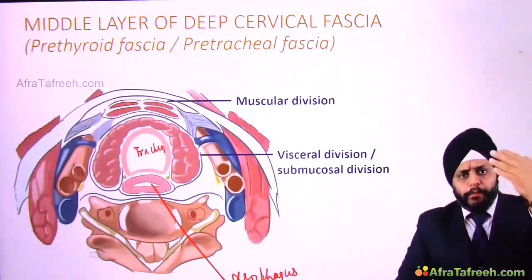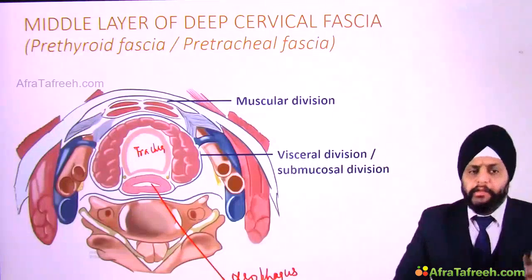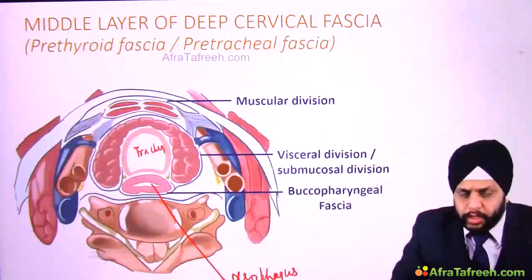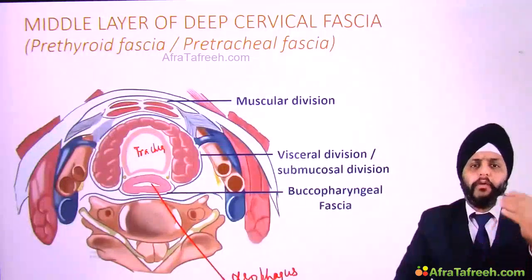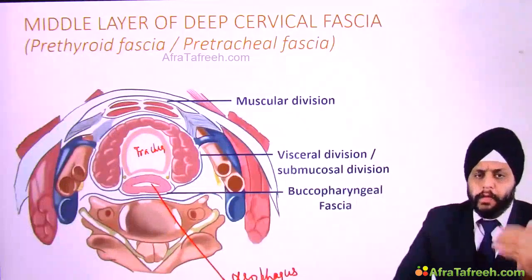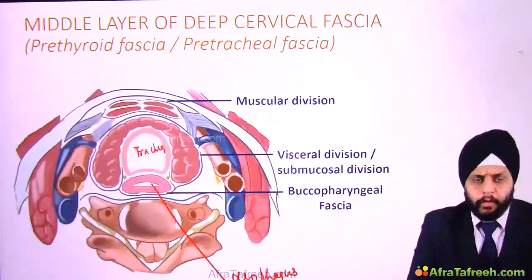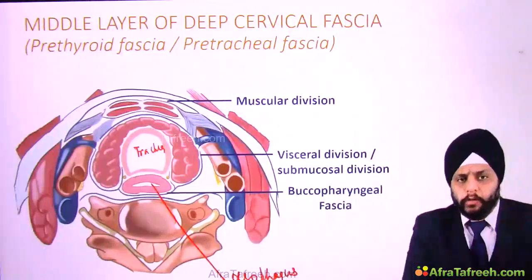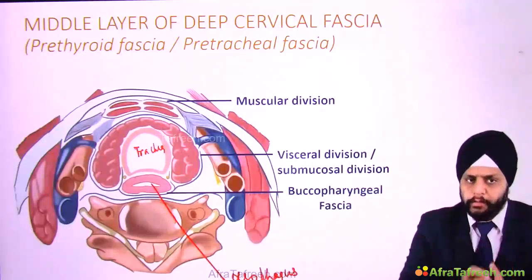In the posterior wall of the esophagus or the pharynx, this fascia is known as buccopharyngeal fascia, which we have already discussed, the outermost layer of the pharyngeal wall. We have talked about it multiple times in the pharynx. This buccopharyngeal fascia is formed by the middle layer of deep cervical fascia.